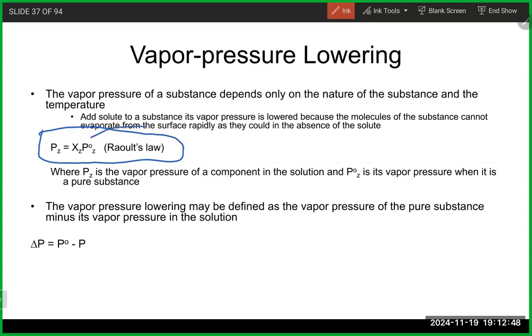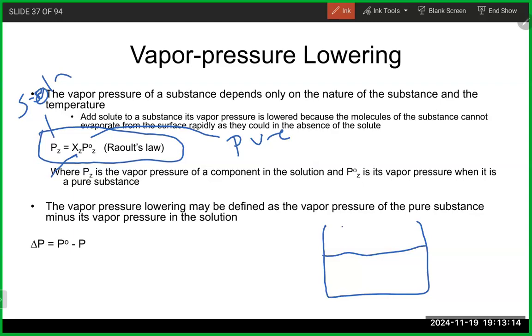So this is the pure substance, and this is the solution that has stuff dissolved in it, and that is our mole fraction there. The vapor pressure lowering is defined as the vapor pressure of the pure substance minus the vapor pressure in the solution.